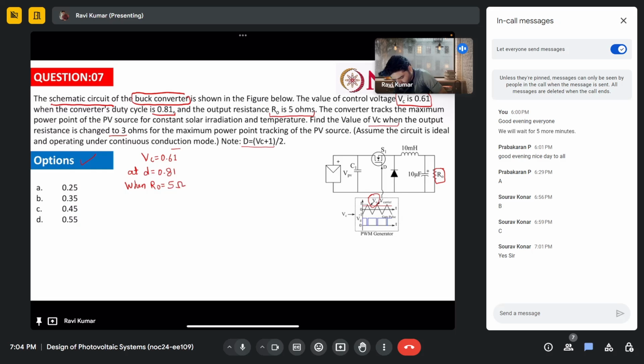So this is the first thing they have already given. Now what they are saying, we need to find VC when R naught is equal to 3 ohm. This is the second part of the question they are asking.